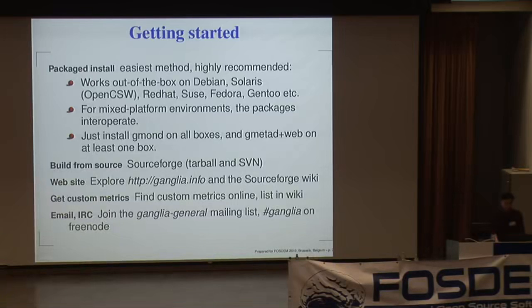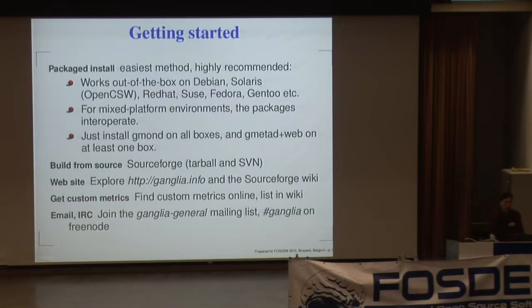So website ganglia.info, you can see what we've been doing, and there's a wiki and a SourceForge webpage, and we provided this framework for you to monitor your systems and also these custom ways of feeding these metrics. So there actually is a community around it to write their own metrics, so you don't have to reinvent the wheel.